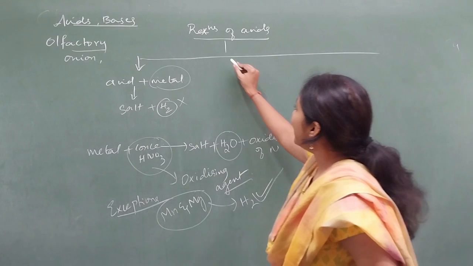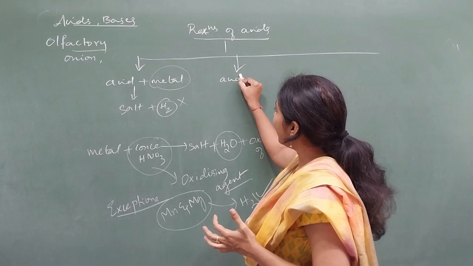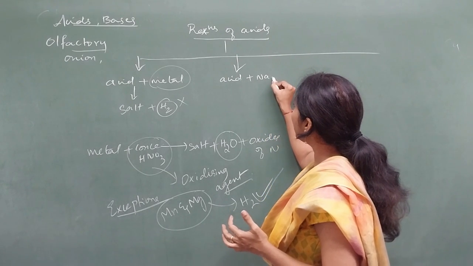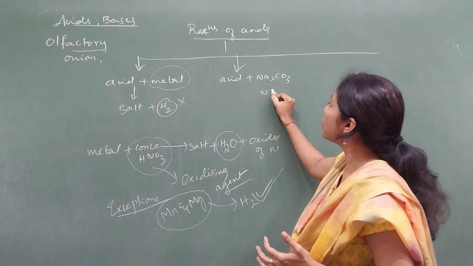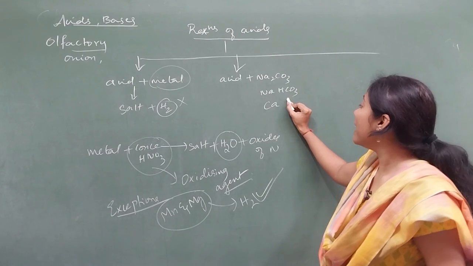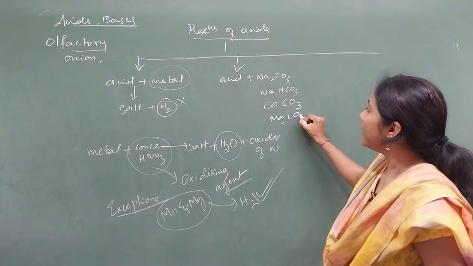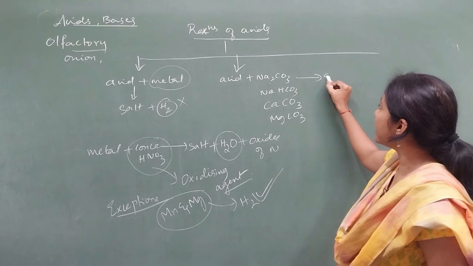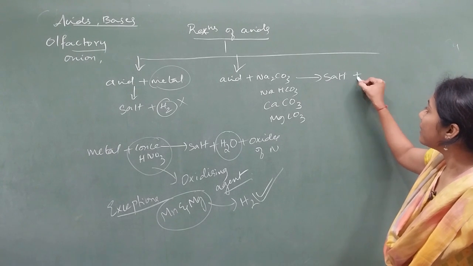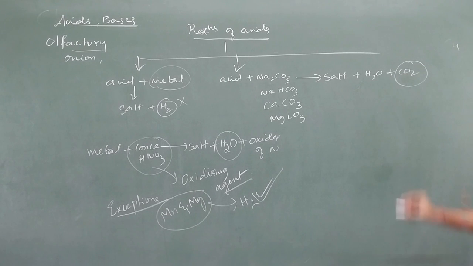Now the next type of reaction is when acid reacts with sodium carbonate or sodium bicarbonate, or any carbonate, calcium carbonate, magnesium carbonate or whatever. You will always get salt, water and carbon dioxide as the product.